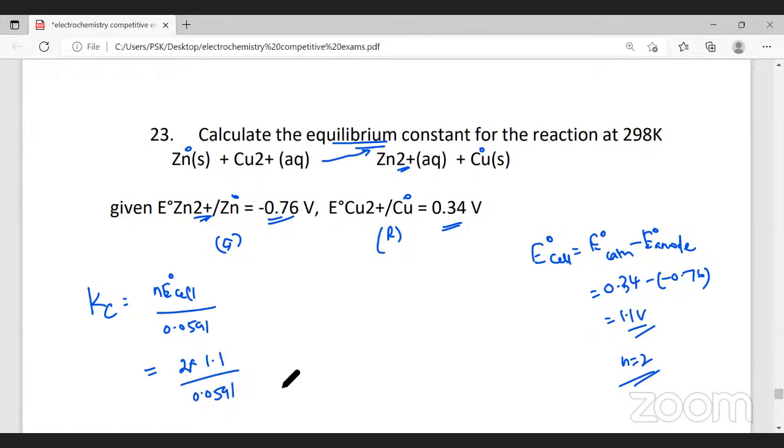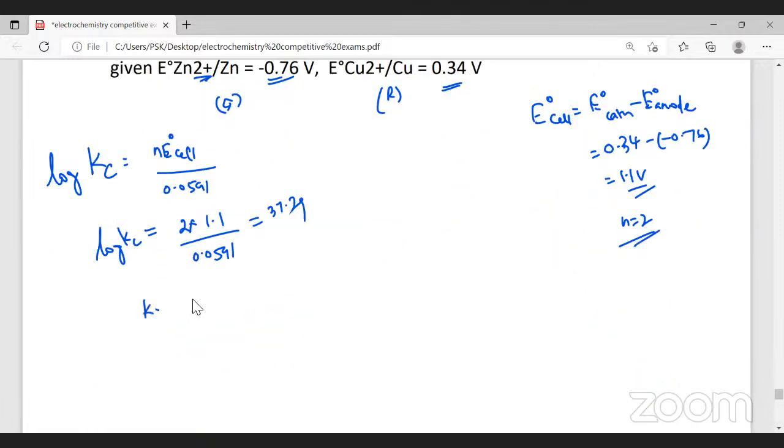On simplification, we will get, oh, I made a mistake. It is log Kc. So log Kc will be equal to 37.29. Kc will be anti-log of 37.29.